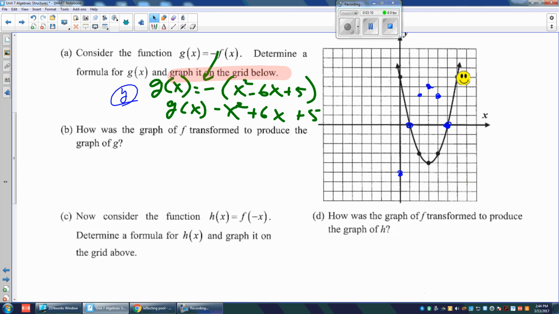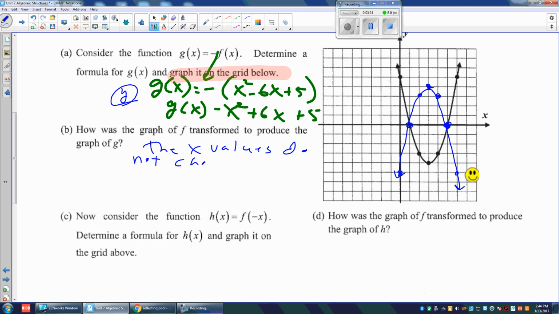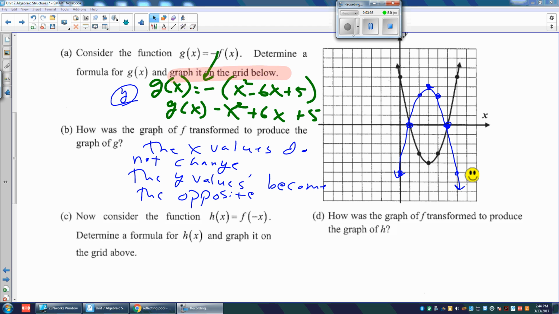This is 5. The opposite of 5 is negative 5. The x values do not change. However, the y values become the opposite.